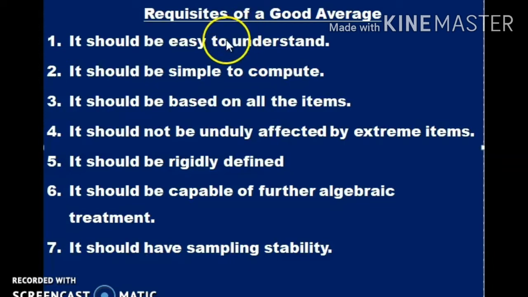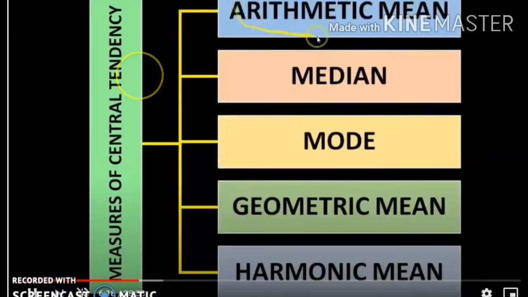So it's very important. Next, measures of central tendency are divided into different types: arithmetic mean, median, mode, geometric mean, and harmonic mean. The other topics you will deal with in higher classes.